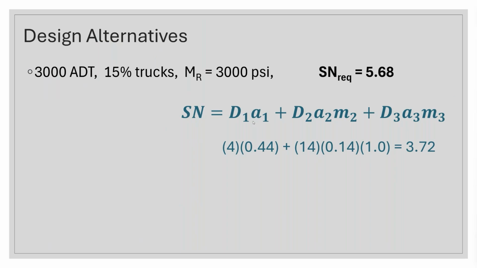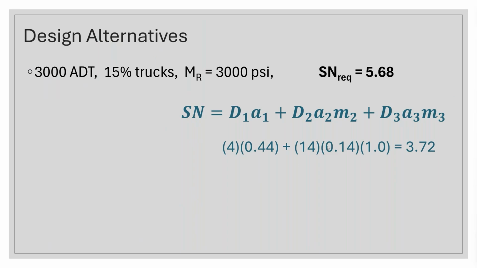So let's say my first attempt is that surface layer is going to be asphalt. And let's say I put 4 inches of asphalt, that would be 2 surface lifts, times the layer coefficient for asphalt, which is 0.44. And then my second layer, let's say we'll try 14 inches of crushed stone base, which has a layer coefficient of 0.14. And I guess it's going to drain pretty average, so a factor of 1.0.